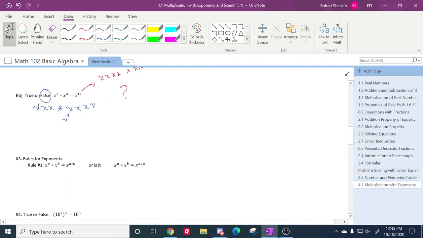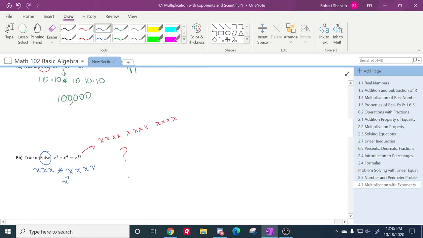Rules for exponents. Rule 1. It says x to the a times x to the b is either x to the a times b, or x to the a times x to the b is x to the a plus b. So, which one of these two rules is the correct rule?